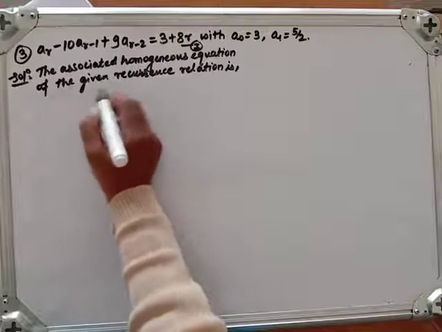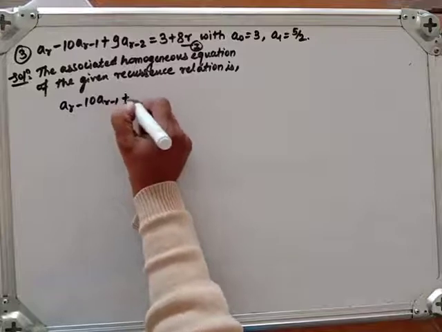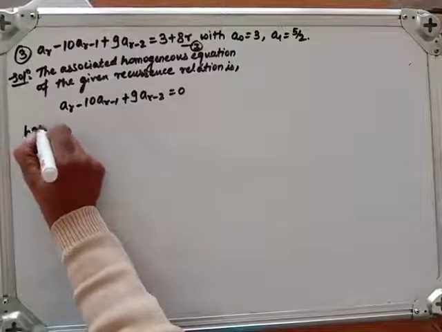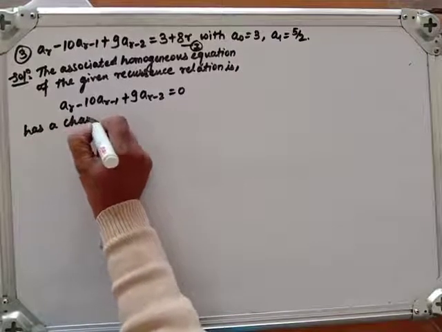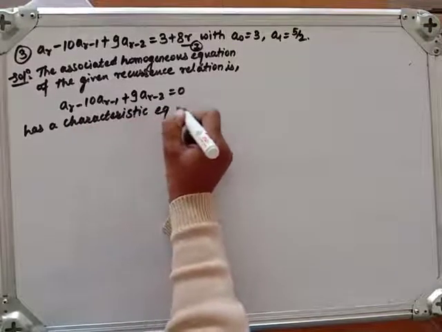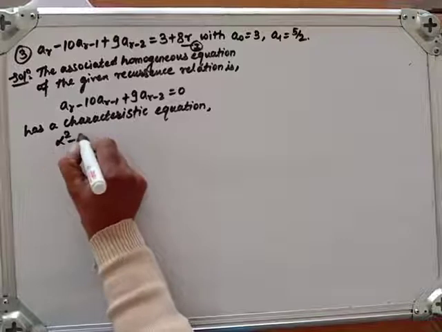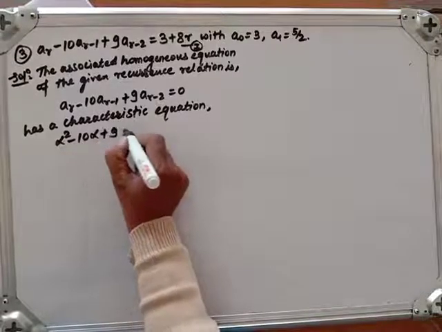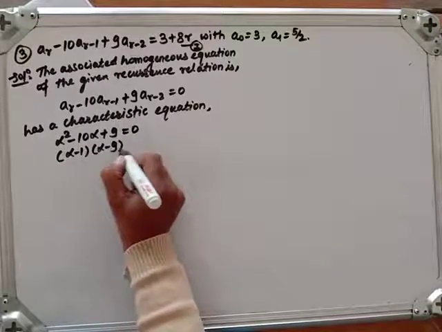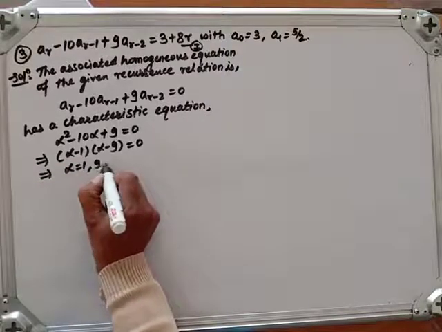Now the associated homogeneous equation is AR minus 10 AR minus 1 plus 9 AR minus 2 is equal to 0. Its characteristic equation is alpha squared minus 10 alpha plus 9 is equal to 0. So that gives us alpha minus 1 into alpha minus 9 is equal to 0. So alpha is equal to 1 and 9.